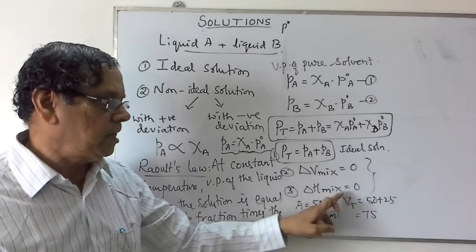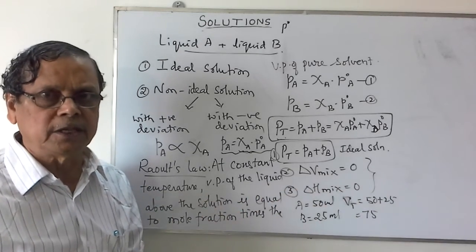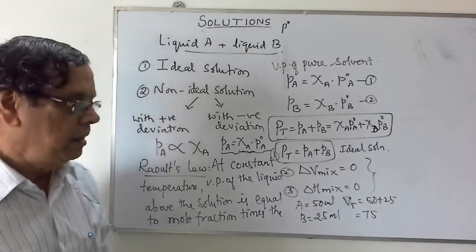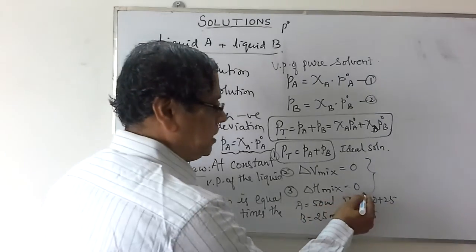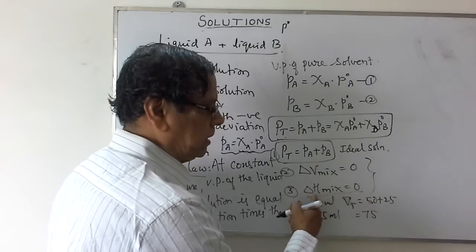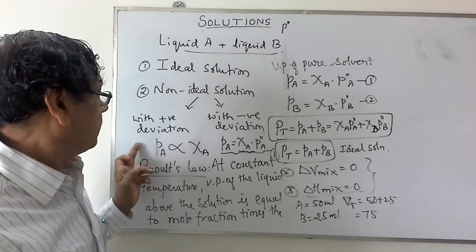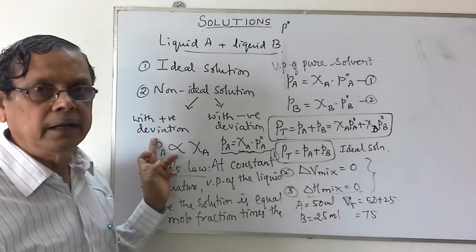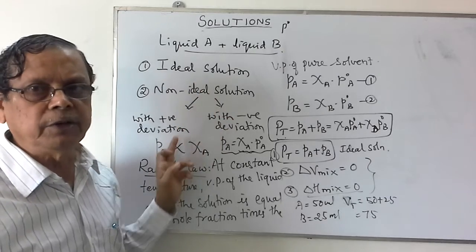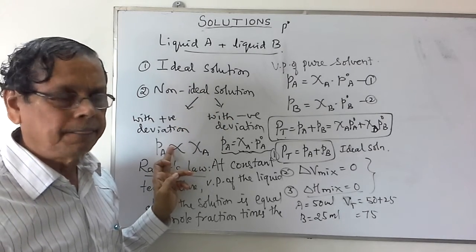If the solution process is an endothermic one, in that case delta H will be positive. When delta H is positive, it is an endothermic process. So the solution is said to be a non-ideal solution with positive deviation.